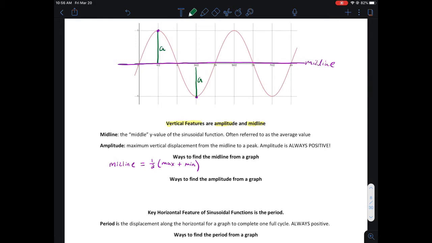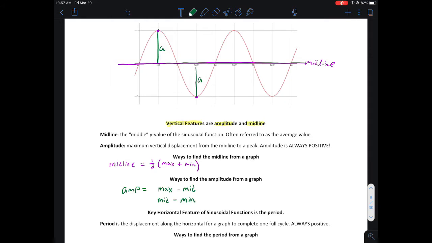One way to get amplitude would be maximum minus midline, or midline minus minimum.